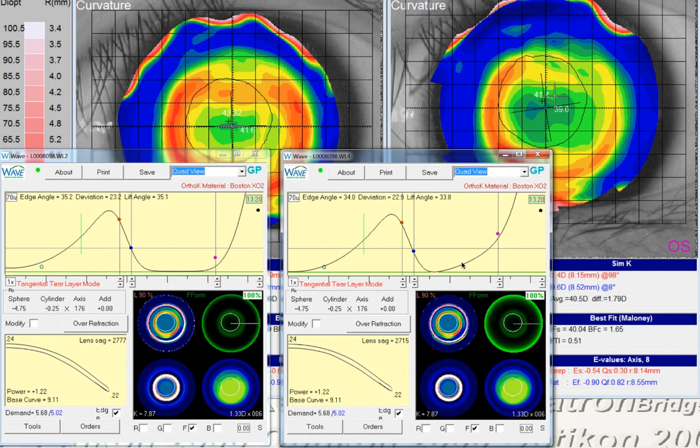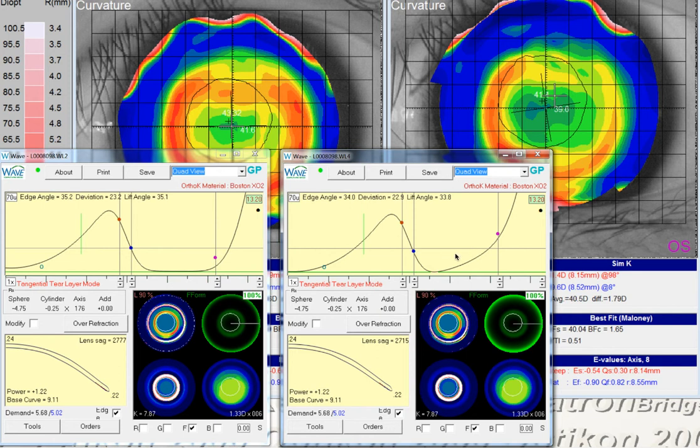So even though the graph predicts we're touching here, I think what's actually happening is that with the lens on the eye, most of the touch was out here, and we've kind of lifted the lens away from the cornea by going to this design.